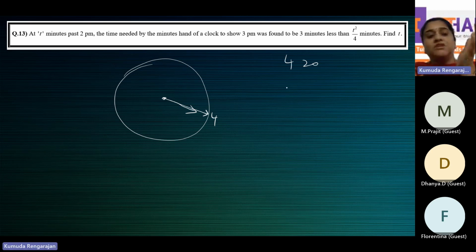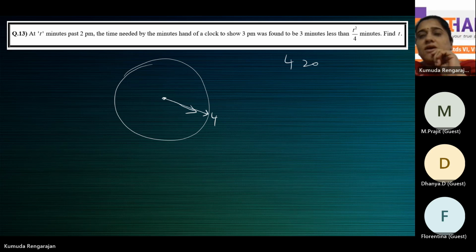Now, supposing the time is 4:20. Now how many minutes past 4? 20 minutes past 4. How many minutes to become 5? 40 minutes to become 5.